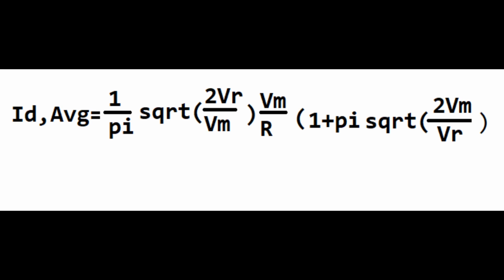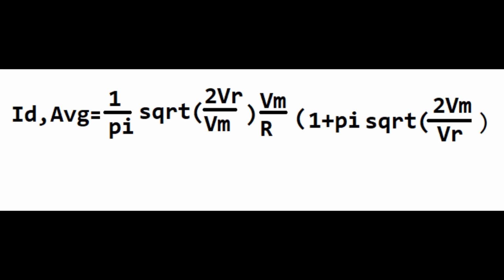To find the average current over the entire signal period, we use the equation 1 over pi times the square root of 2 times the voltage ripple divided by the voltage max, times the voltage max divided by the resistance, times the quantity 1 plus pi over 2 times the square root of 2 times the voltage max over the ripple voltage.